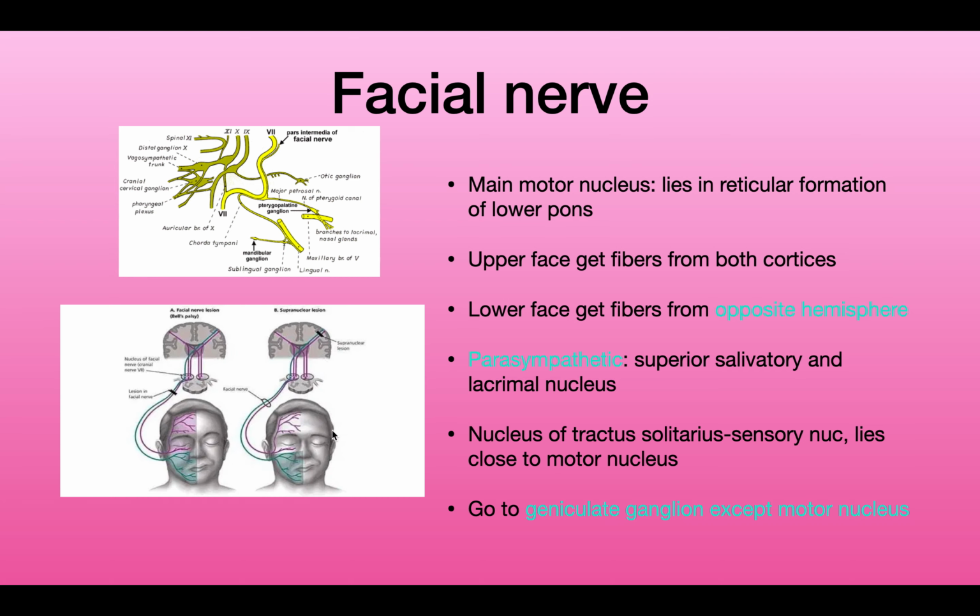That's why it will innervate the opposite lower face, while the upper motor neuron is going to be ipsilateral. The parasympathetic aspect is the superior salivatory and the lacrimal nucleus, so this controls tears and salivation. The nucleus of the tractus solitarius is a sensory nucleus, and it lies close to the motor tract. Those go to the geniculate ganglion, except for the motor nucleus.